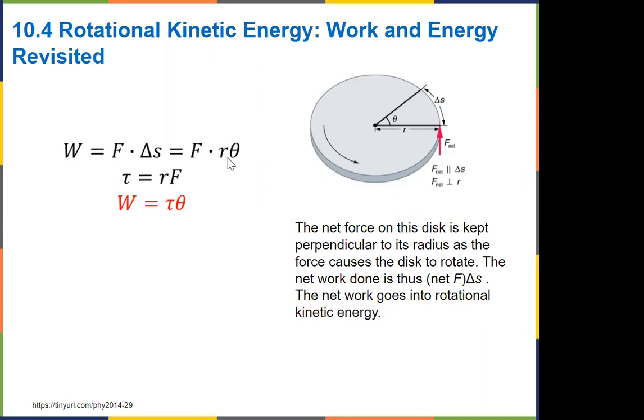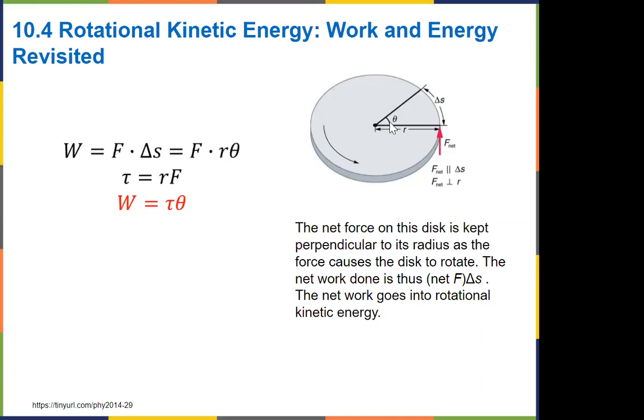And arc length is equal to radius times the angular displacement theta, right? So that gives you F times R times theta, because delta S is equal to R times theta. Now you can see F times R, or R times F, is defined as torque. So in rotational motion, work is equal to torque times theta, where theta is the angular displacement.